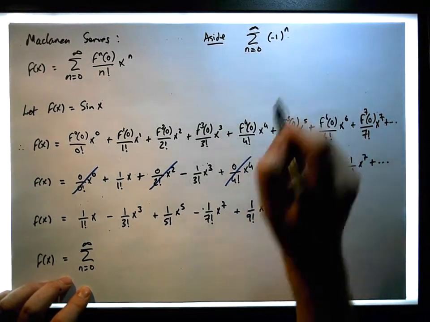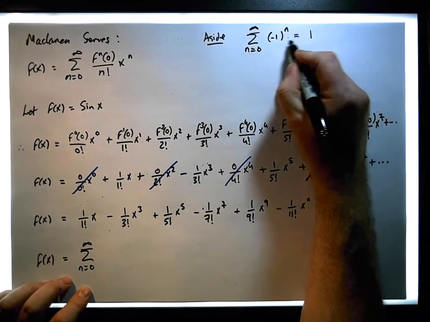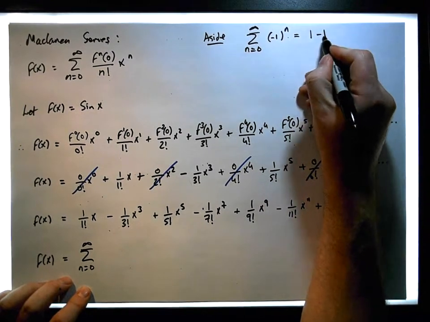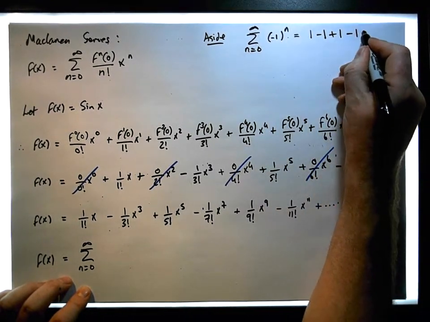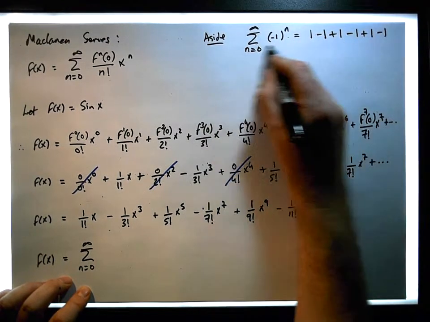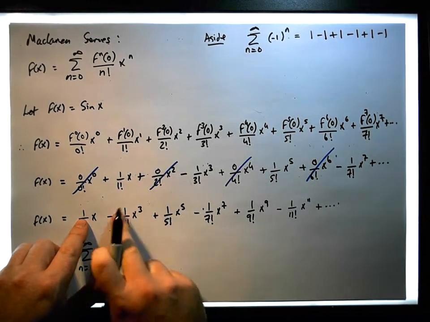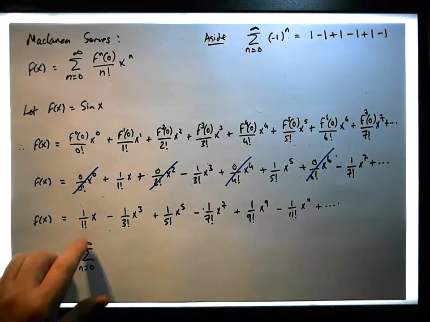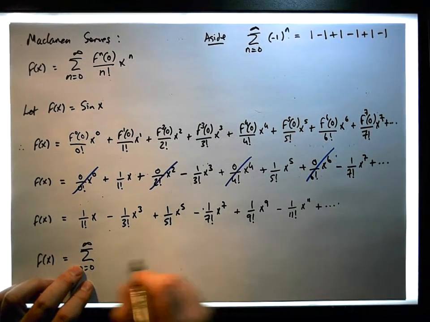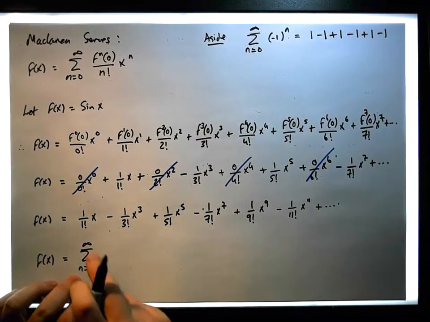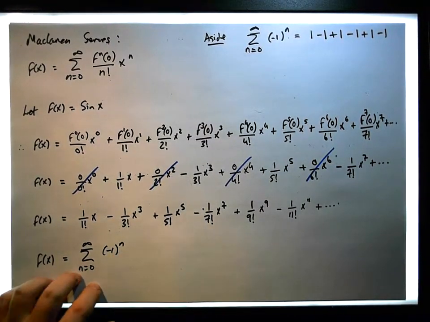If we consider minus 1 to the n, you can see this actually starts off as minus 1 to the 0 gives us 1, minus 1 to the 1 gives us minus 1, minus 1 to the 2 gives us 1, minus 1, 1, minus 1. So actually this here would be an encoding, yeah, of the numerator, and it will capture all the signs. So actually this particular sequence, yeah, this particular series here is effectively from n is equal to 0 to infinity of minus 1 to the n, okay?